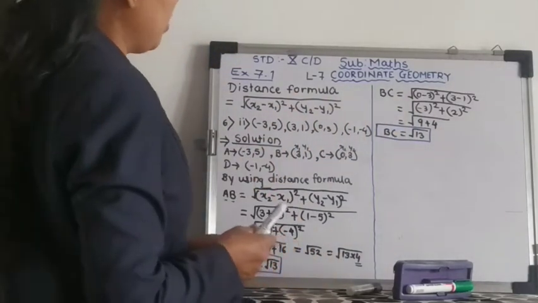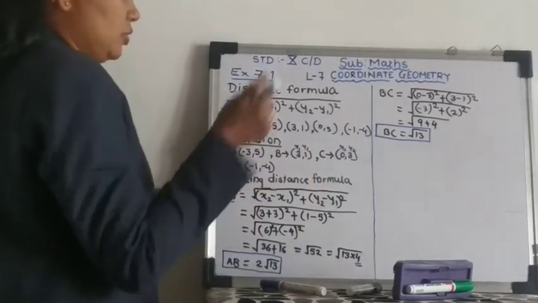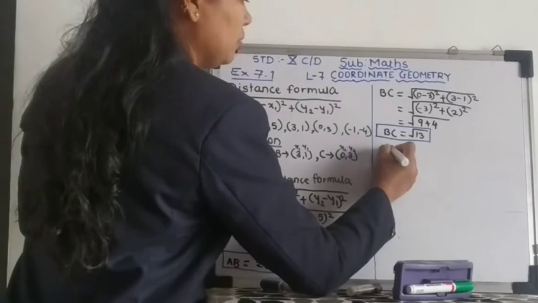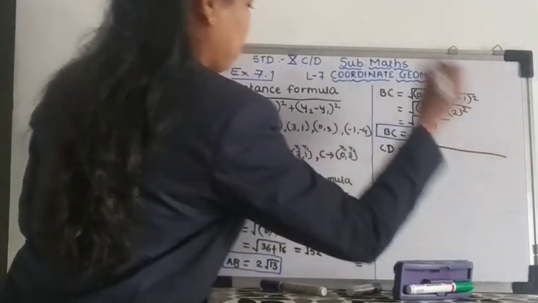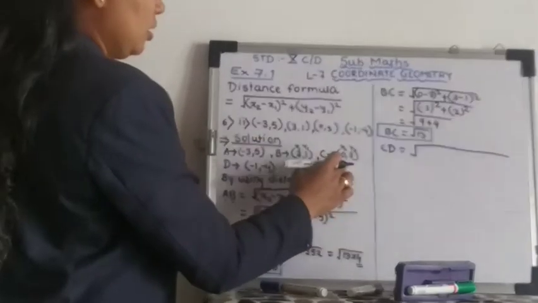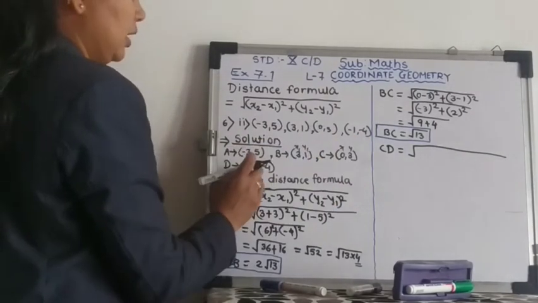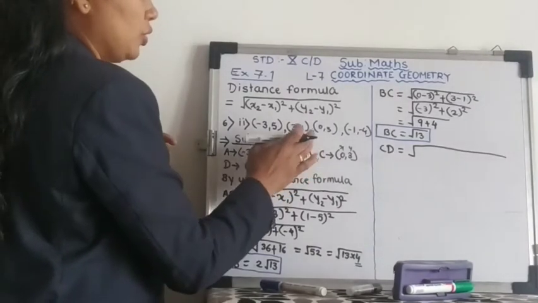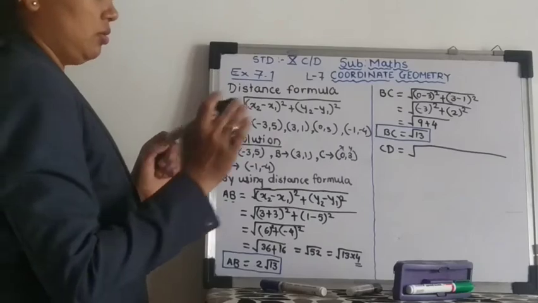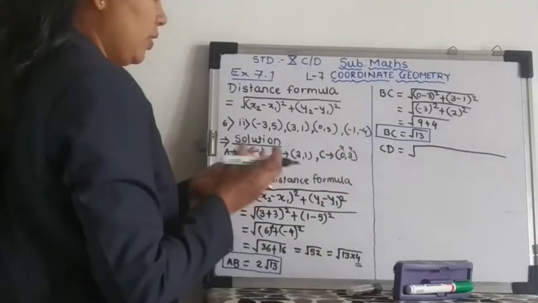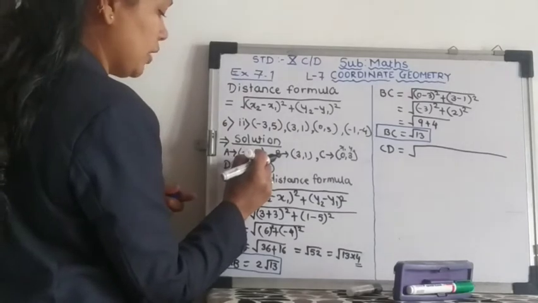Now we will find CD. So let us find out CD. Next points I have taken over here. So C will be x1, y1 and D will be x2, y2. So erase the earlier ones with the eraser. So we'll have x1, y1 and x2, y2.